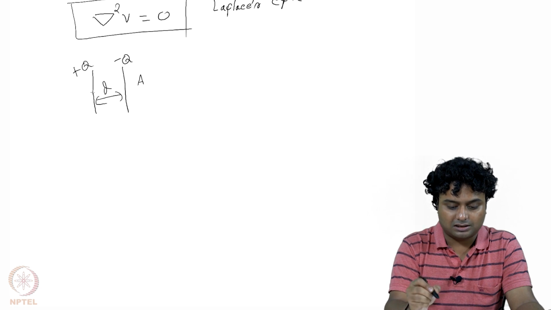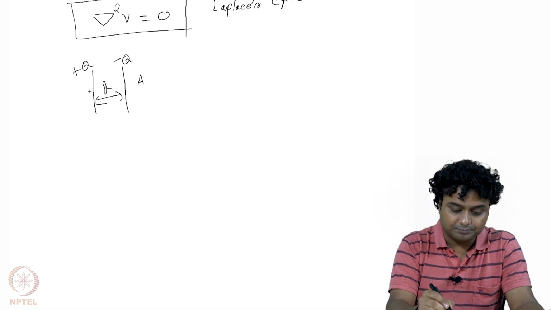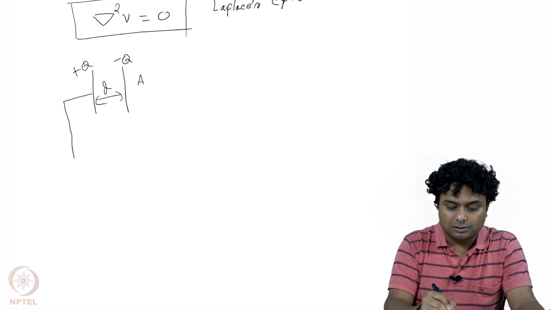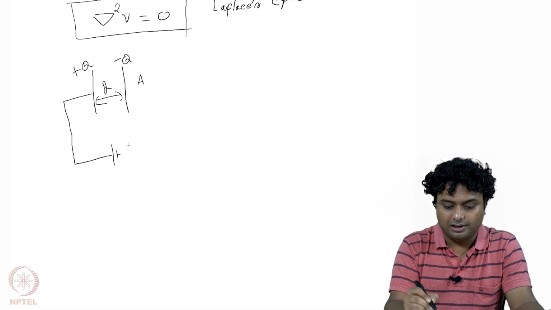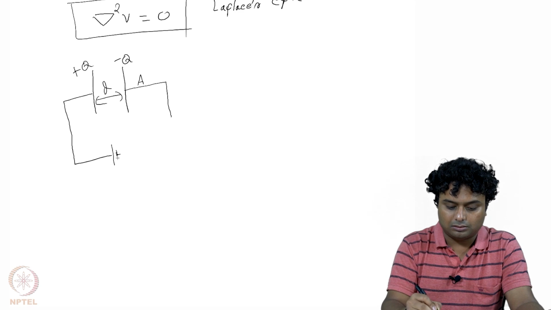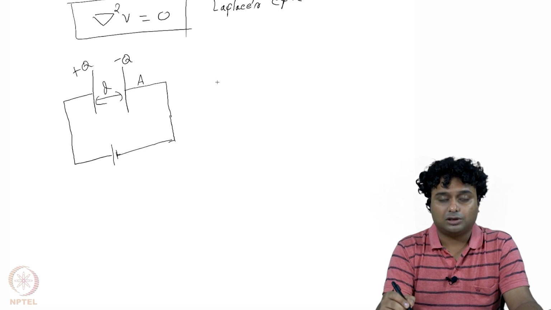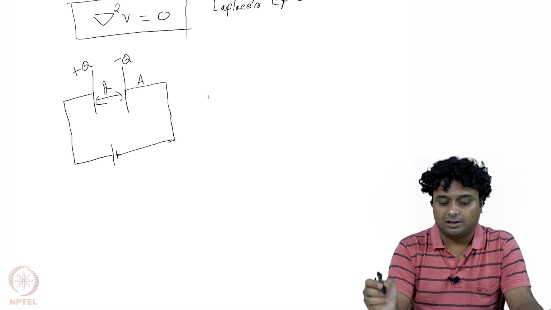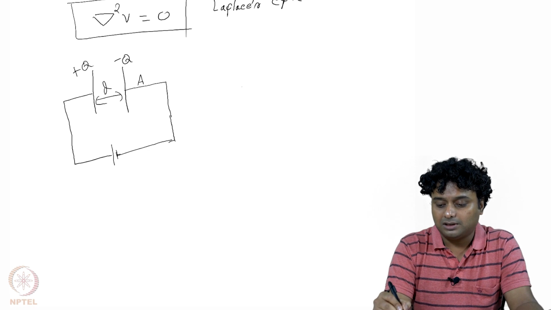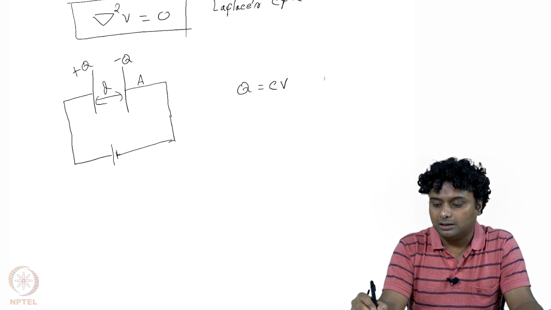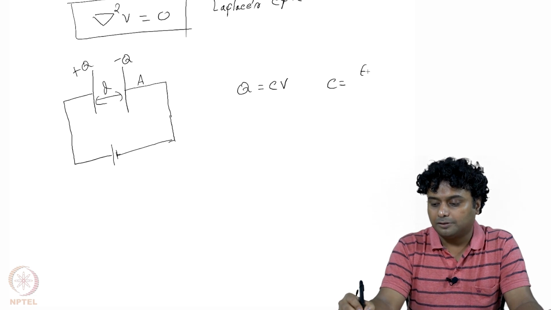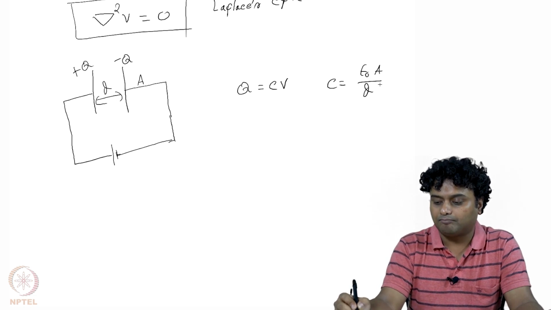If these plates are connected to a battery V, the potential difference between the plates is V, right. So what we have seen is that Q equals CV, where C equals epsilon naught A by D, right.